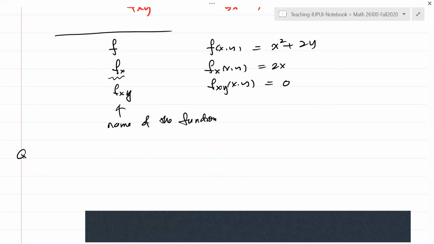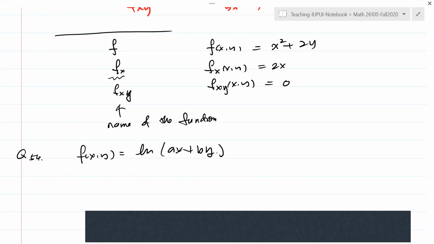Let's look at another example, problem number 54. This is a pretty strange function: natural log of ax plus by.